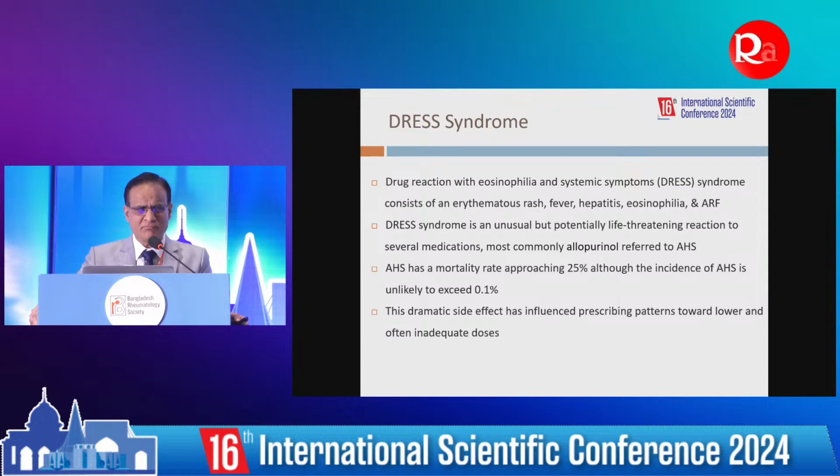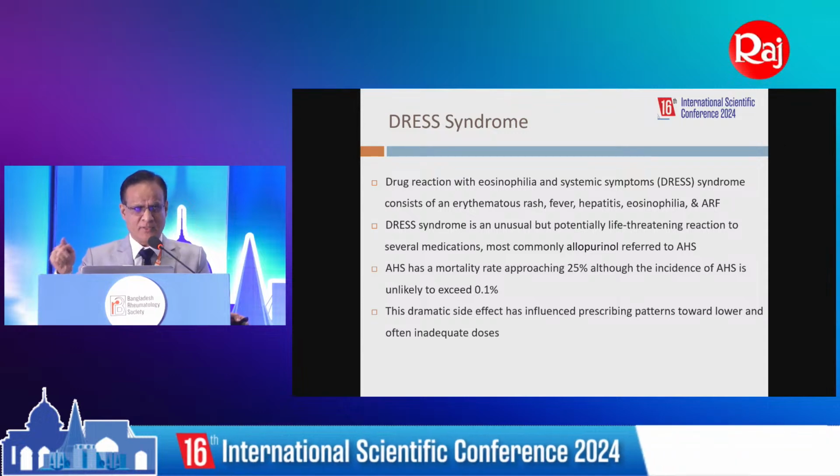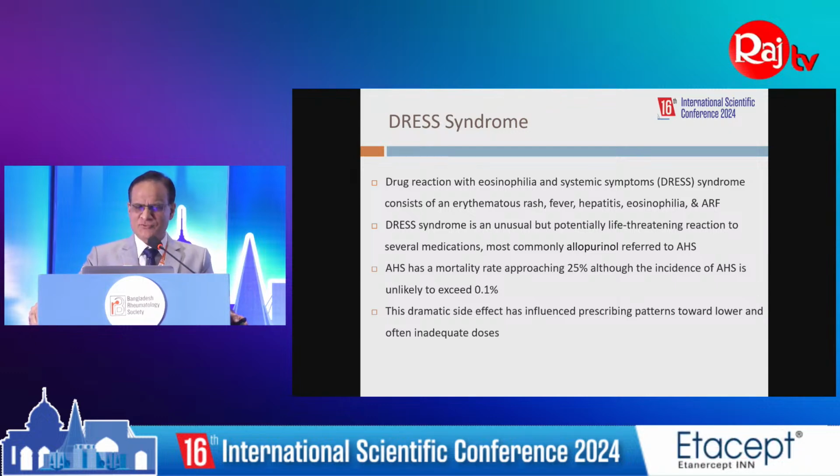What is DRESS syndrome? This is a rare but grave complication. We have to know at least the name of this complication, DRESS syndrome: drug reaction with eosinophilia and systemic symptoms.